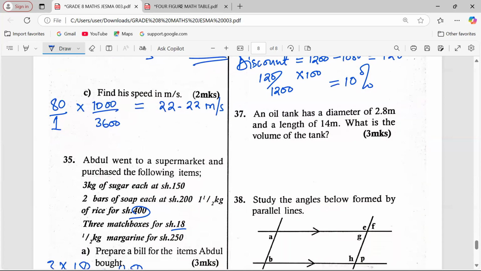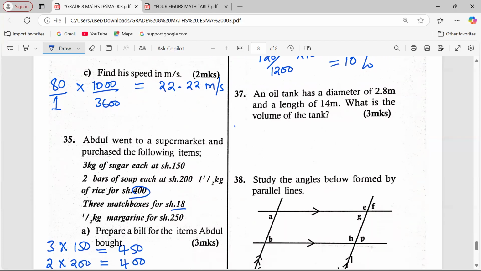An oil tank in 37 has a diameter of 2.8 and a length of 14 meters. What is the volume of the tank? Volume is given by cross-section area times the length. So cross-section area is circular, then times the length.